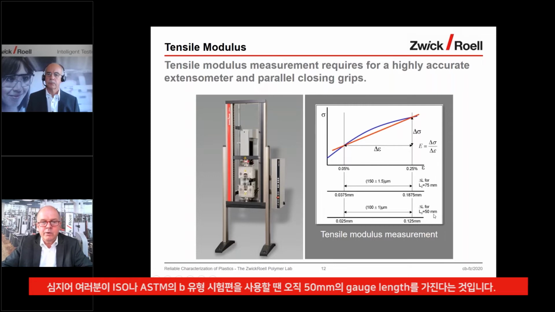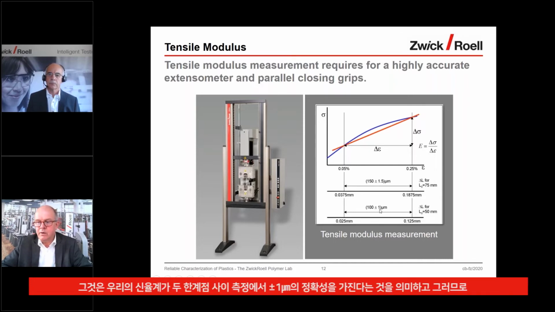And even worse, if you use the 1B type specimen in the ISO or the ASTM, we have only a gauge length of 50 millimeters. And here it would mean that our extensometer needs even to have an accuracy of ±1 micrometer in the measurement of the difference between these two limits.